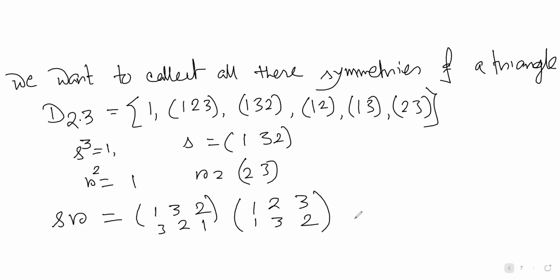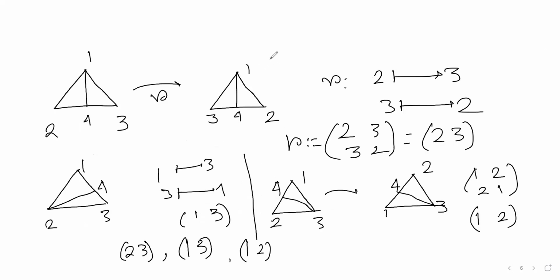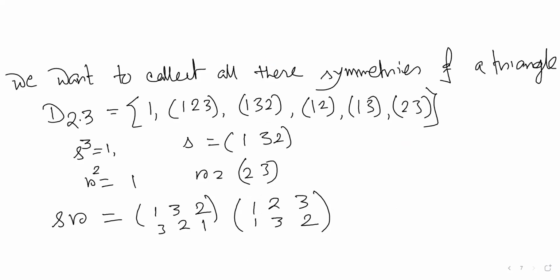You already see here, 1 is here, (2 3), so 2 goes to 3, 3 goes to 2, fine. Now what will we get? 1 goes to 1 and 1 goes to 3, 2 goes to 3, 3 goes to 2, and 2 goes to 1. So we actually have (1 3).